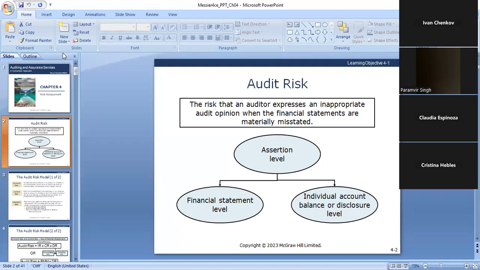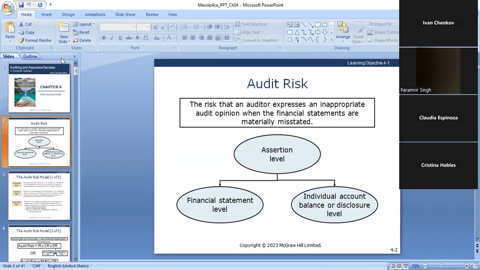But again, the audit risk here is the risk that the auditor might express an inappropriate opinion when the financial statements are materially misstated.